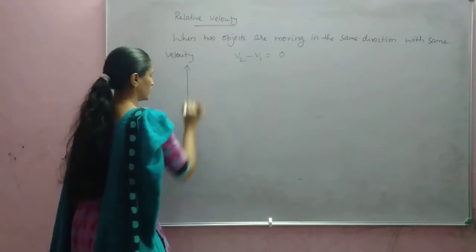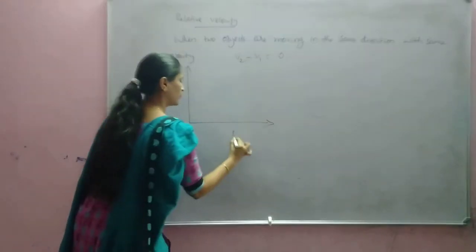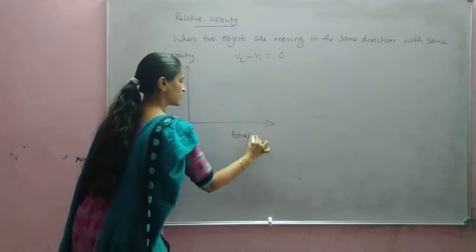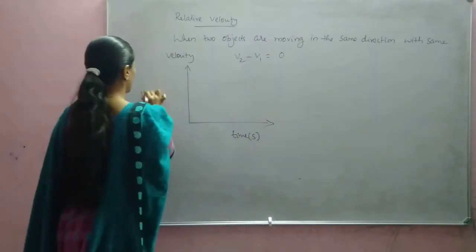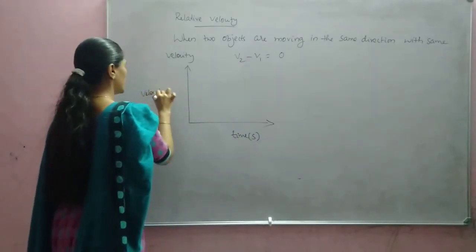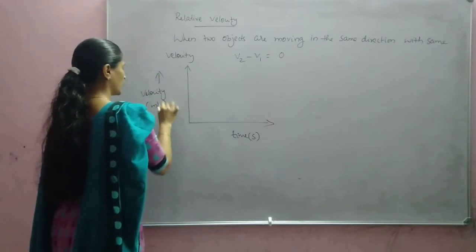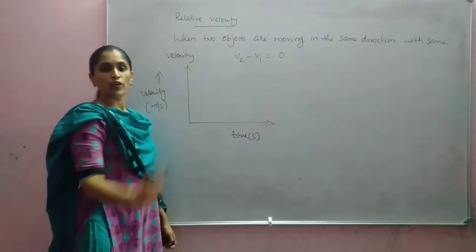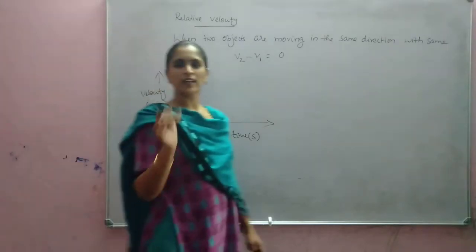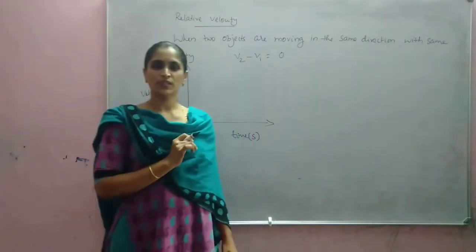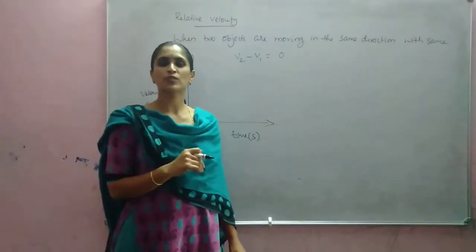Here we are noting down time in seconds, and here velocity. A convenient unit we can mention, here I am showing meter per second. Initially we are assuming that both are at different positions, though they can be at the same position also.